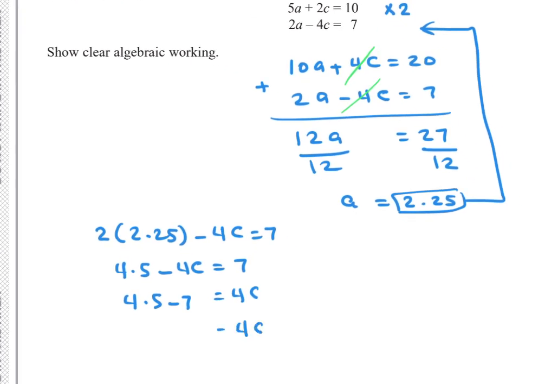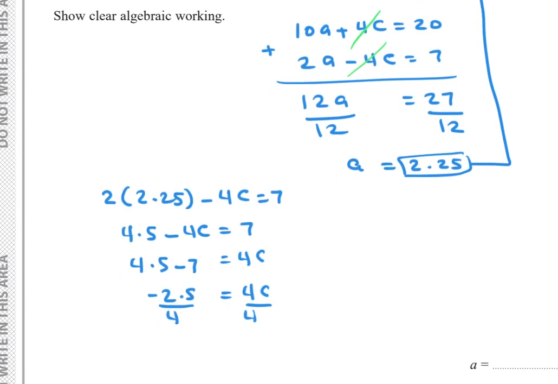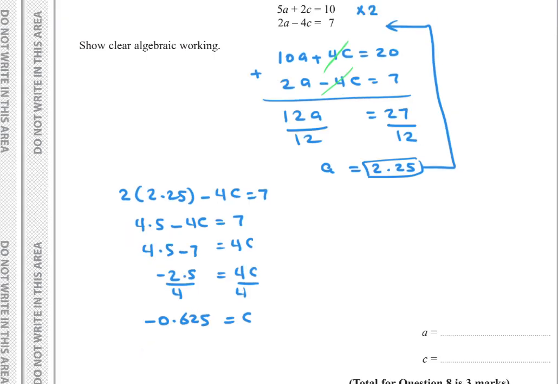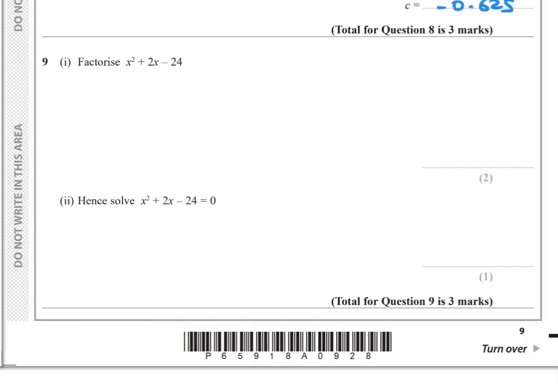So 4c equals negative 2.5. Divide by 4. c equals negative 0.625. So a equals 2.25, c equals negative 0.625.